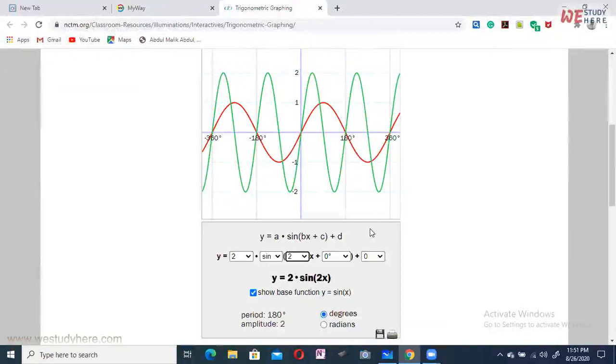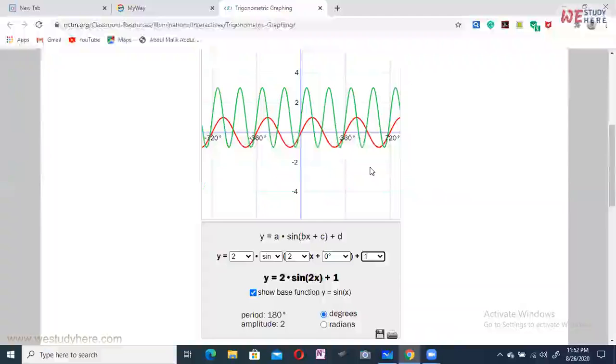After that, the vertical translation, this d at the end, the constant that is being added, is the vertical translation. Suppose here I'm taking vertical translation 1. Now you can see this curve is oscillating along 1.